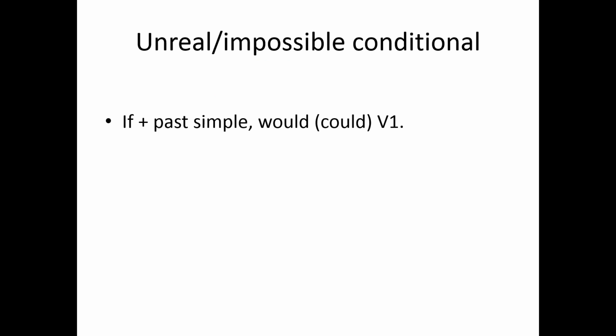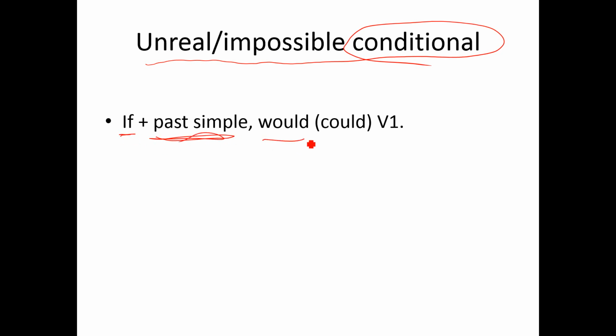So I hope that helps you understand a little bit about unreal or impossible conditional sentences. Remember, the form is if plus the past simple, and then would, also we can use could, plus the V1.